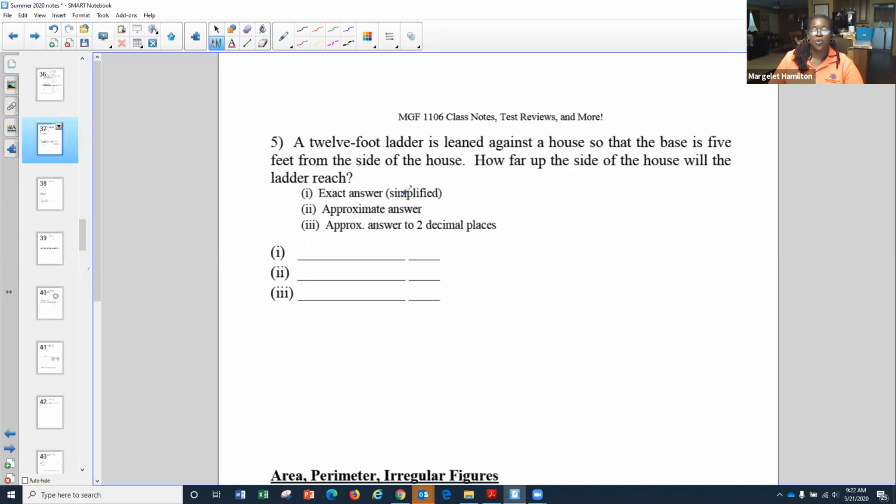All right, so we have a ladder leaning up against the house. So if it makes you feel better, draw a picture. We need a house. So here's a house. We need a window. Yeah, that makes us feel better. And we need a door. Okay, there's the house, right? And we have a ladder leaning up against the side of it. There's my ladder. So it says a 12-foot ladder. So this is 12 feet.